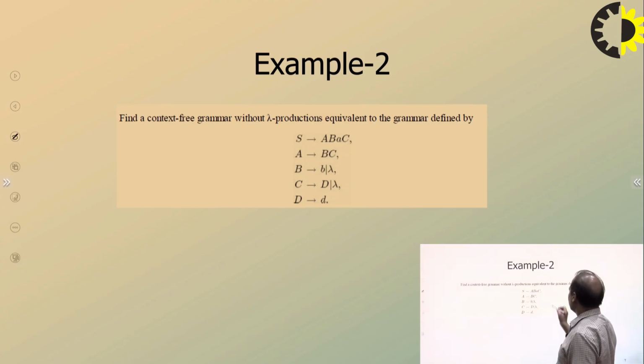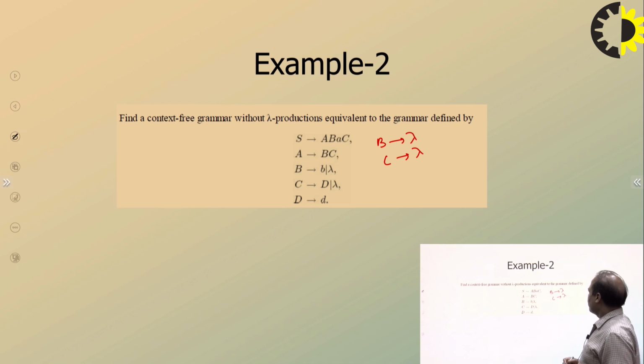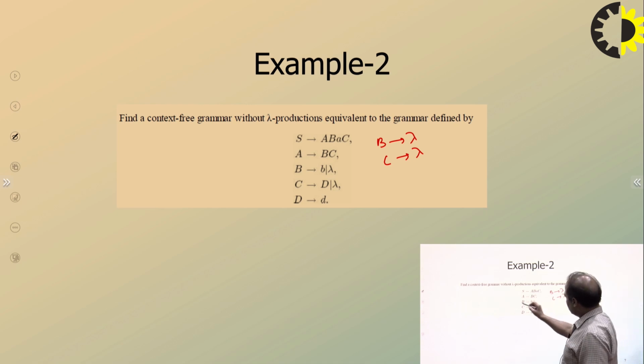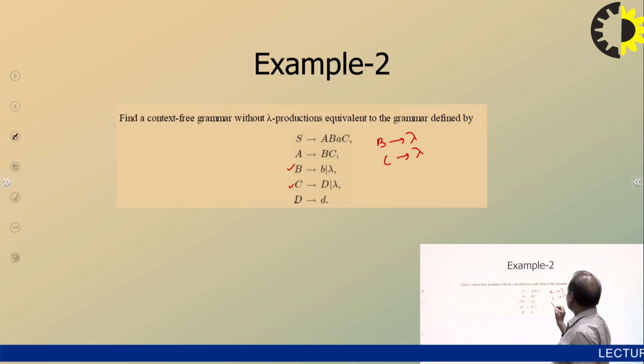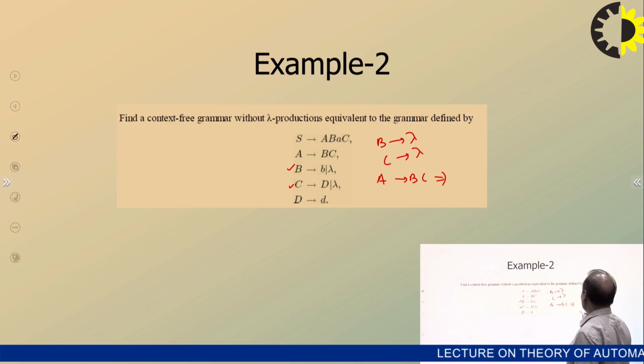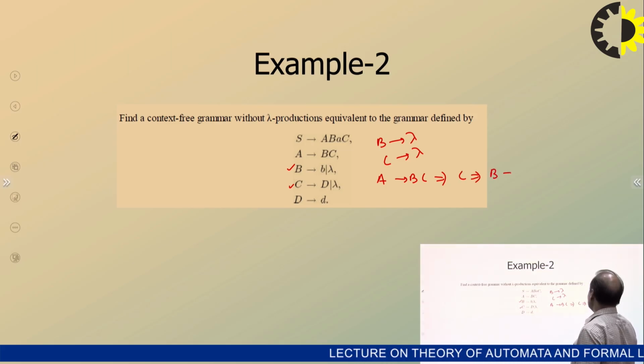Look at here. Here B derives lambda and C derives lambda. Clear? B and C both derive lambda. So in the first attempt, B derives lambda, C derives lambda. Okay. So by this one, of course, A also derives lambda because A goes to BC, and B deriving lambda means C, and C deriving lambda means B. And both deriving lambda means it is going to be lambda.